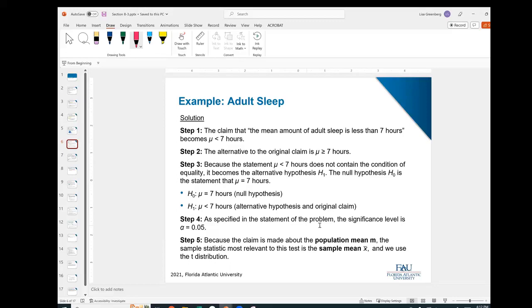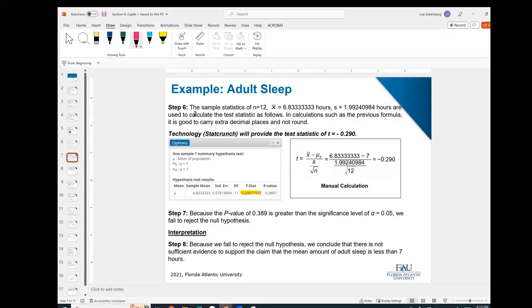As specified in the statement of the problem, the significance level is alpha equals 0.05. Because the claim is made about the population mean mu, the sample statistic most relevant is the sample mean x bar, and we use the t distribution. So here's what we get.